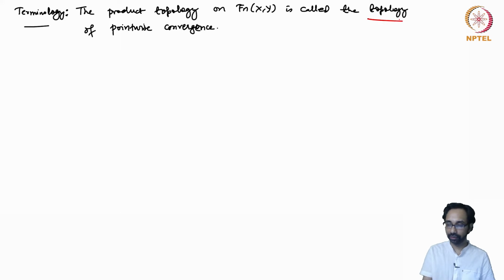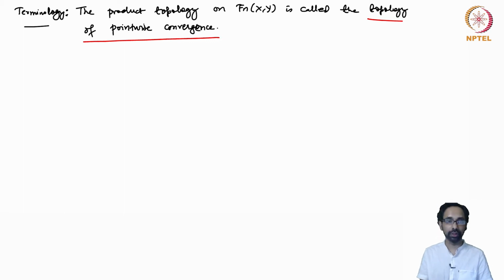So we have a special name. This is the topology of pointwise convergence, and we will see why it is called the topology of pointwise convergence in a moment. But first, let us fix some notations.